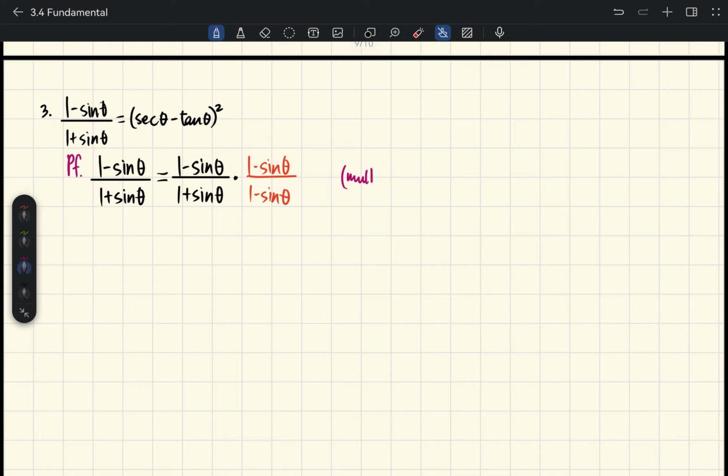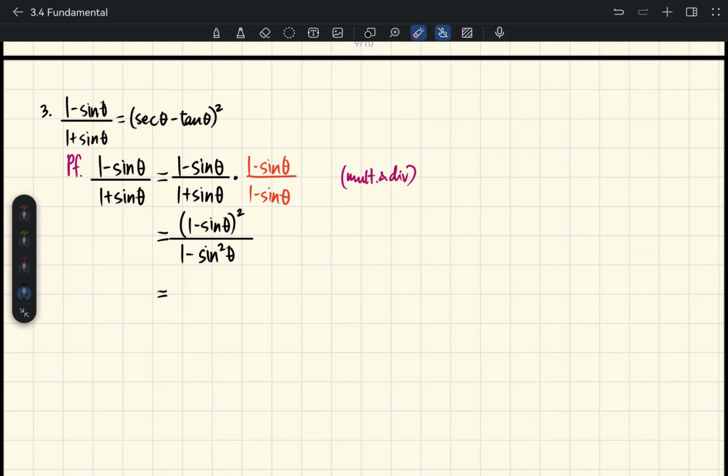So multiplying and dividing. Then in the numerator, we get 1 minus sine theta raised to 2. And in the denominator, this just results to 1 minus sine squared theta. From here, we can move two ways.